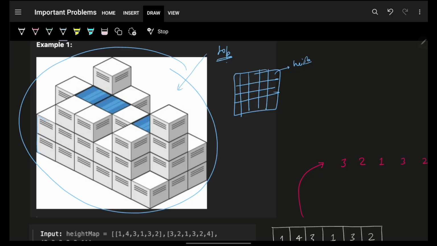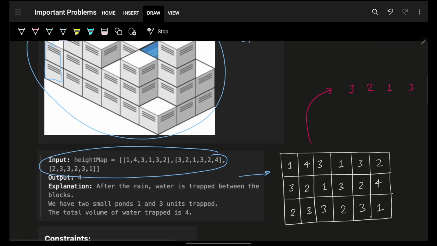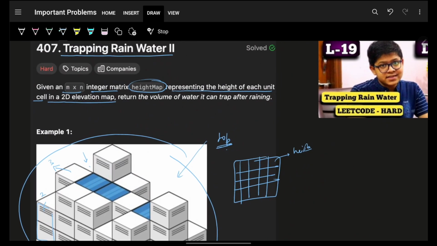For example, this represents the height of 2. This represents the height of 3. This, which is kind of hidden in the background, will have some height, I don't know what. That top view of heights is given to you as an input. You have to figure out what is the volume of water which you can store right after raining.